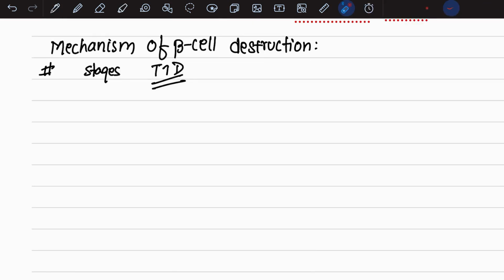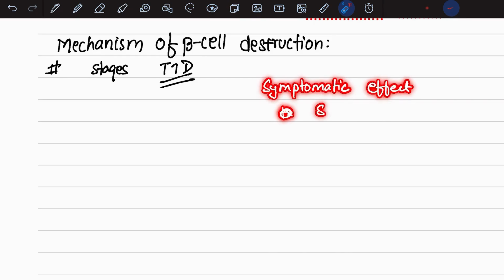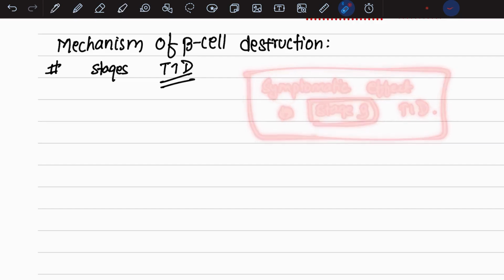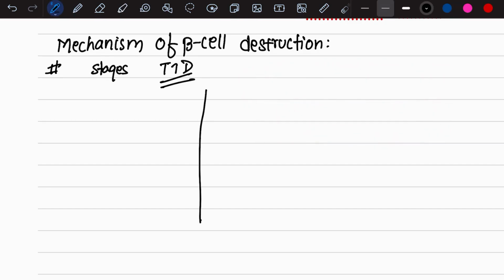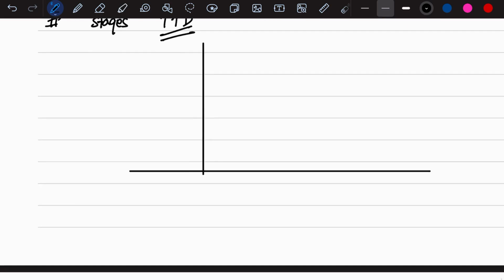When a patient presents to us with symptoms, the patient is already in stage 3 of type 1 diabetes. Let's go through the figure.